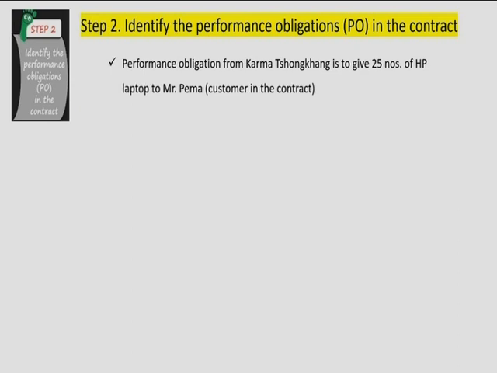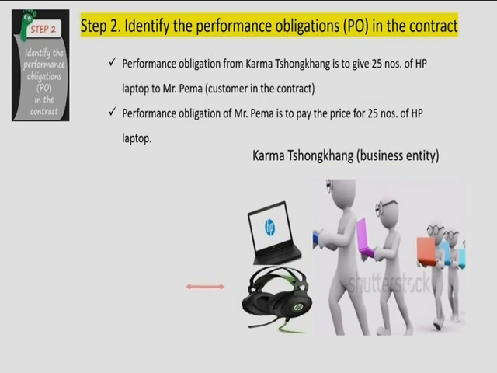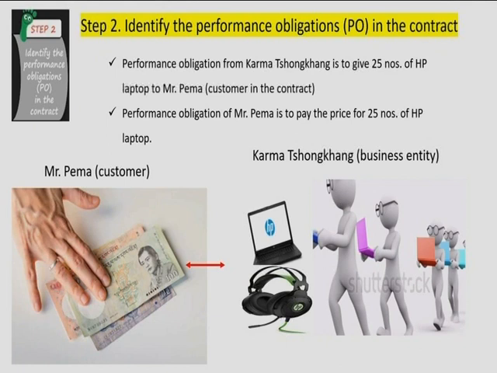So the performance obligation from the Karma side is to give 25 laptops to Mr. Pema, and the performance obligation of Mr. Pema is to pay the price for 25 HP laptops. So the performance obligation of Karma Tsongkang is to deliver 25 HP laptops and headphones to Mr. Pema, and the performance obligation of the customer, Mr. Pema, is to pay for the goods that are going to be supplied by Karma Tsongkang.